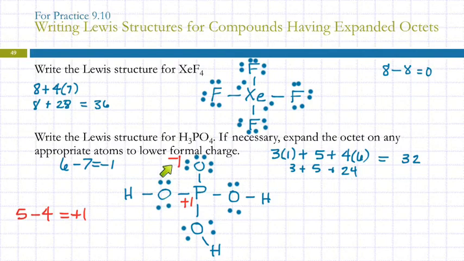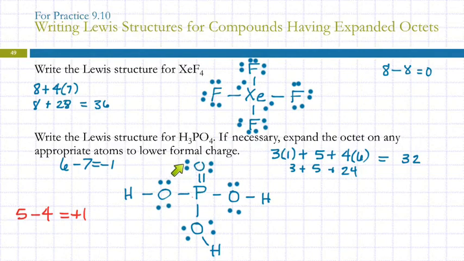So let's just take one of these lone pairs and share it as a double bond with the oxygen, with the phosphorus. So I'm going to get rid of that. We'll recalculate those. So there's the double bond. I still have the same number of electrons. I just moved a lone pair in to be the second bond in the double bond.